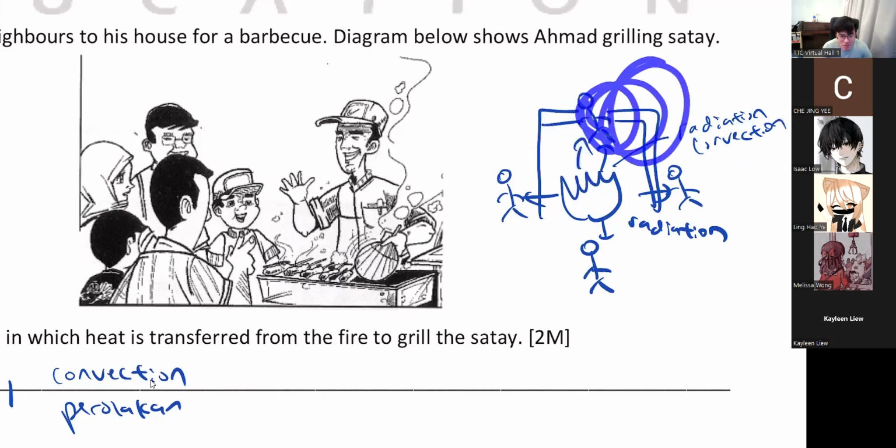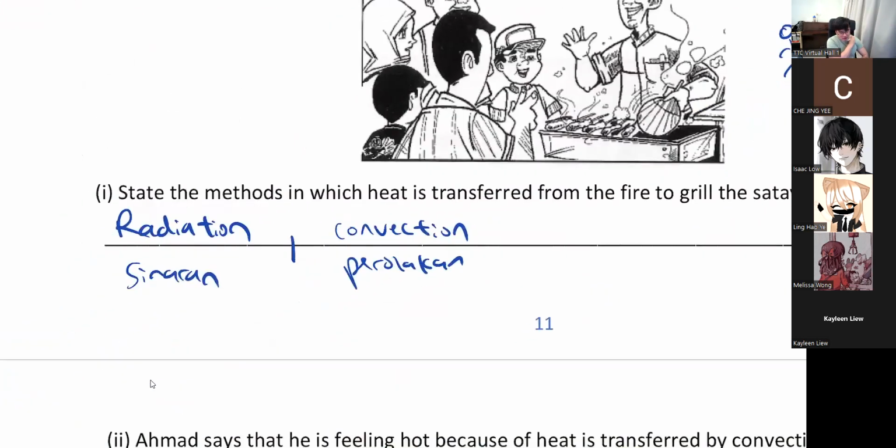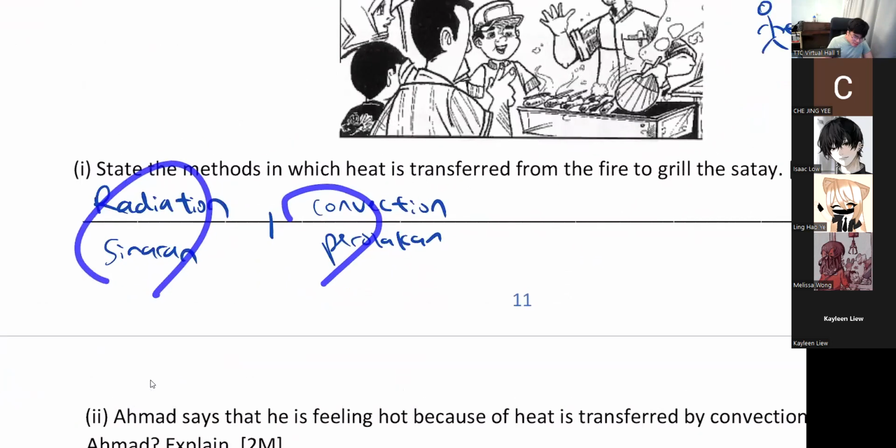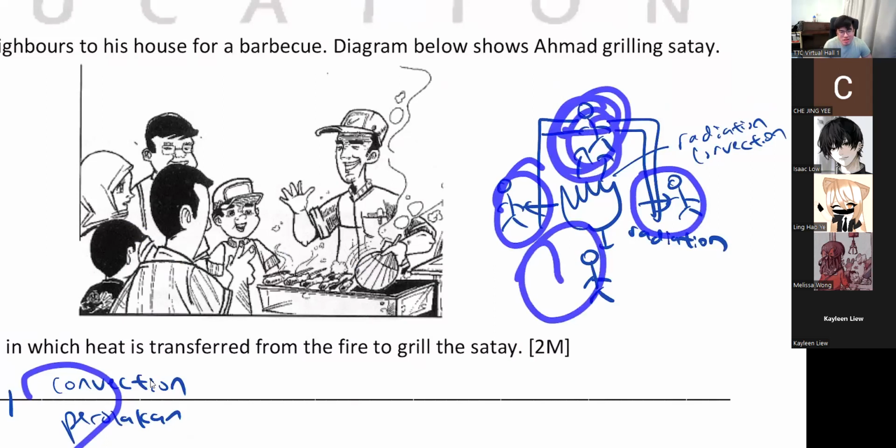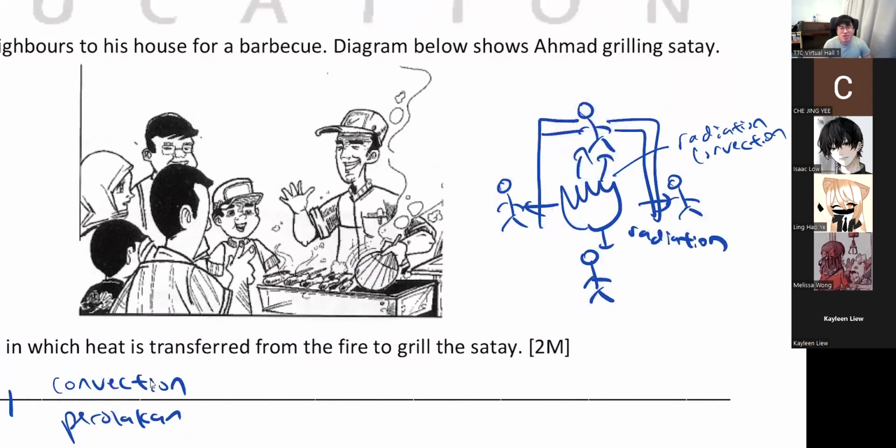So it's actually more painful here. Yes, Keshav, that's correct. So there are two methods here. This is why grilling food at the top is faster than grilling at the sides or bottom. I mean, who grills their food at the bottom? That would make no sense. You grill at the top because you get two methods of heat transfer. More bang for your buck.